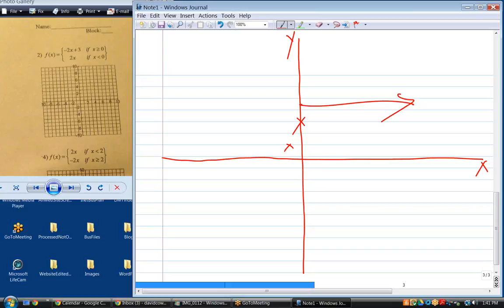What kind of slope is that? Positive or negative? Positive. We want negative. It's -2. So I got to go down 2, right 1. There is my line.